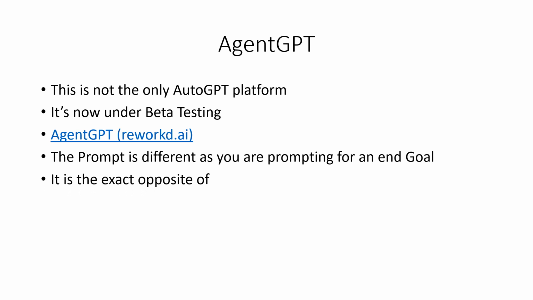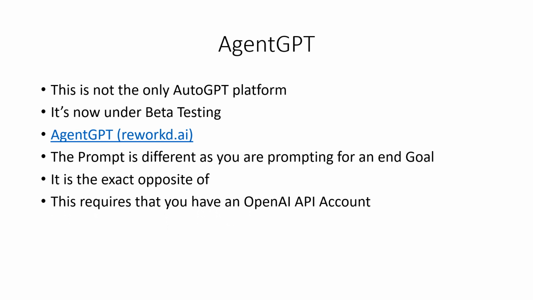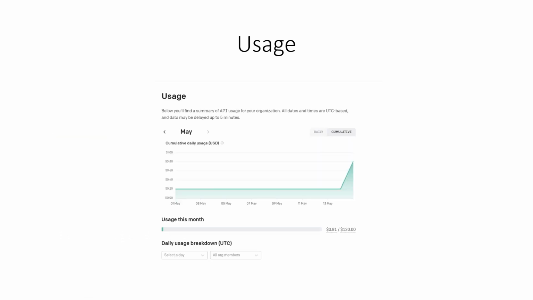So again, AutoGPT is going to work differently, and it's going to require that you have an OpenAI API account. It is going to require that you make a payment to OpenAI. But I will show you that I did quite a bit of use with AutoGPT, and I think I'm paying 81 cents for the month.